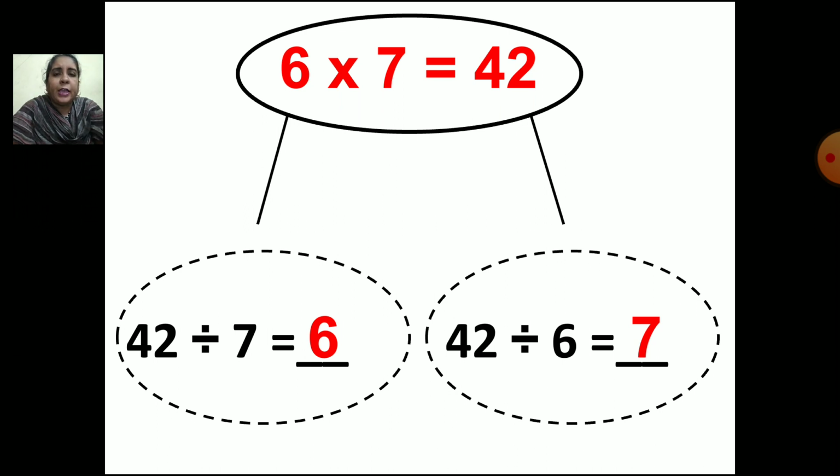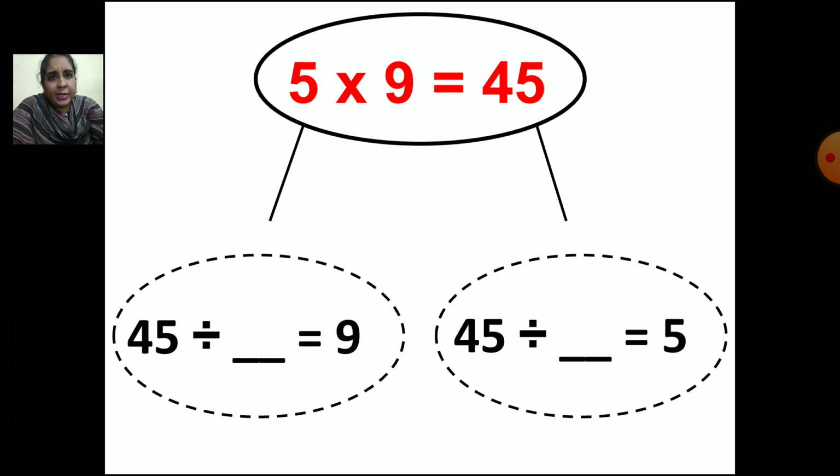Again you can see one multiplication is showing two divisions, that is 6 sevens are 42. Then 42 divided by 7 equal to 6, and 42 divided by 6 equal to 7. One multiplication can be written in two different ways of division, right?